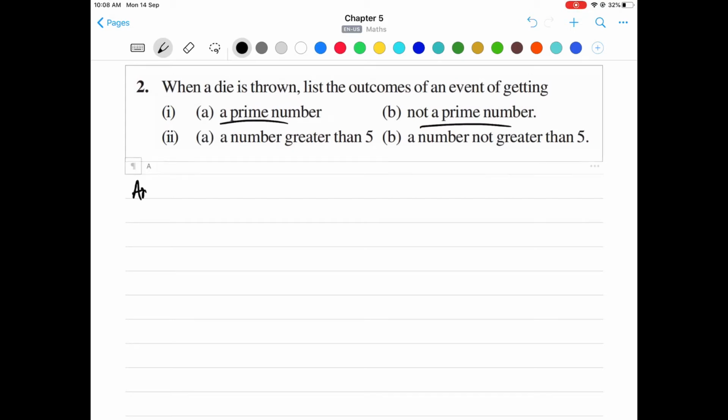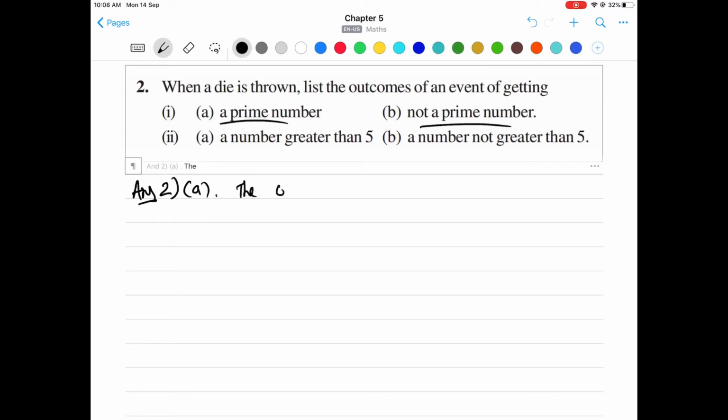So let's start the answer. This is answer number 2, part A. First we'll write the outcome when a die is thrown.